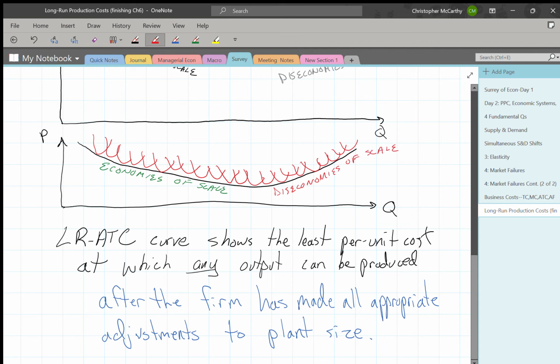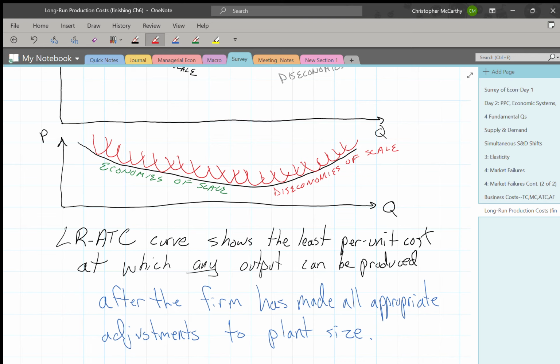So students are often confused, thinking that it's the result of rising resource prices or it's another law of diminishing returns, right? But we're assuming that our resource prices are constant. And secondly, the law of diminishing returns doesn't apply to production in the long run because the law of diminishing returns only deals with situations where a productive resource or input is held constant.